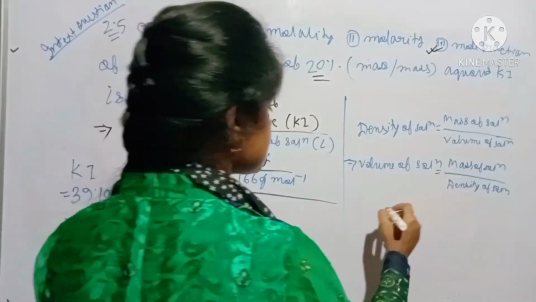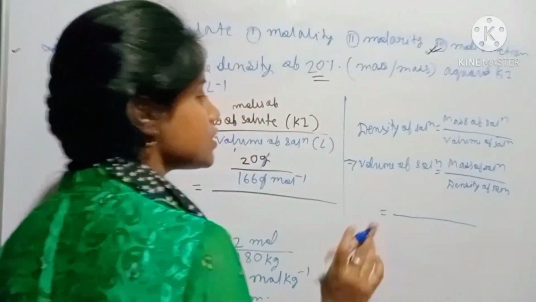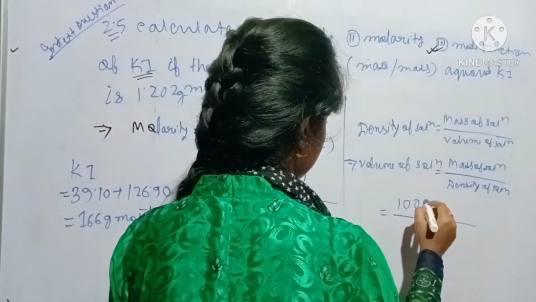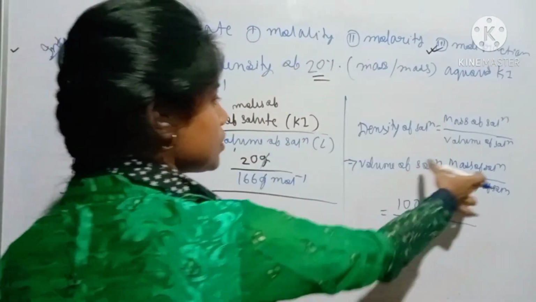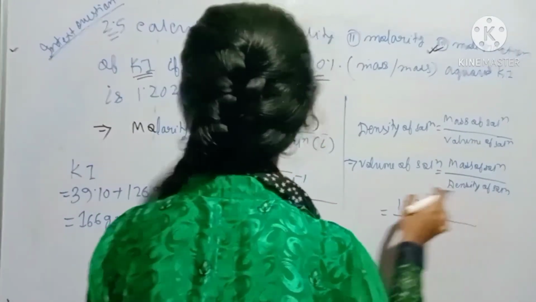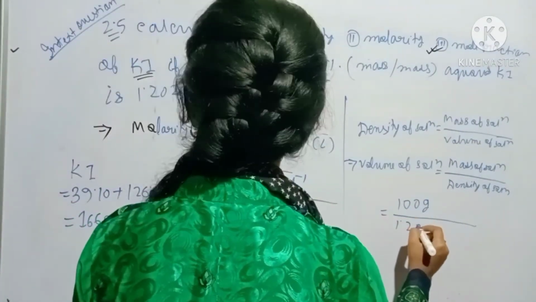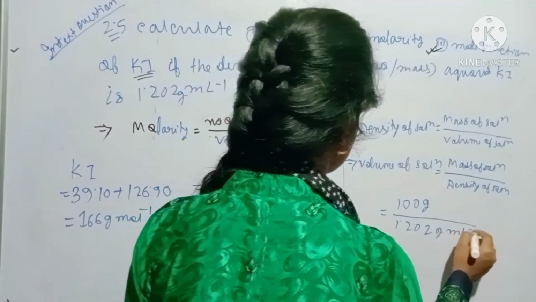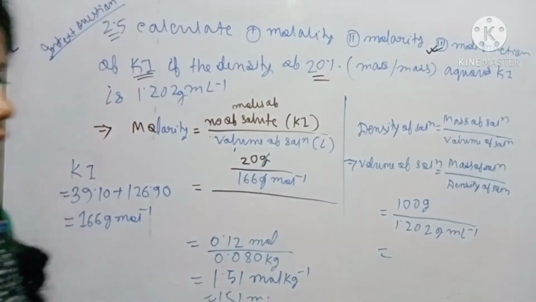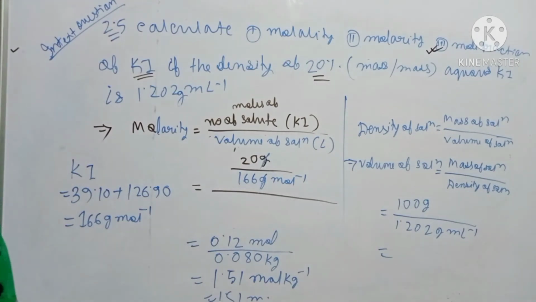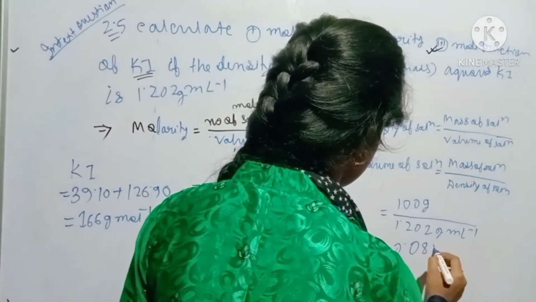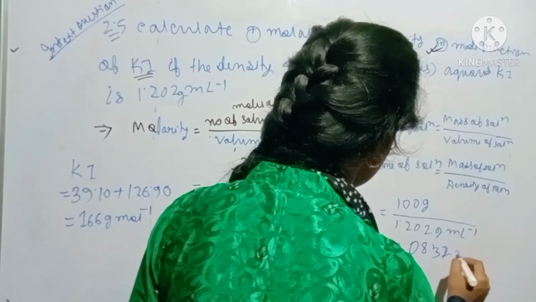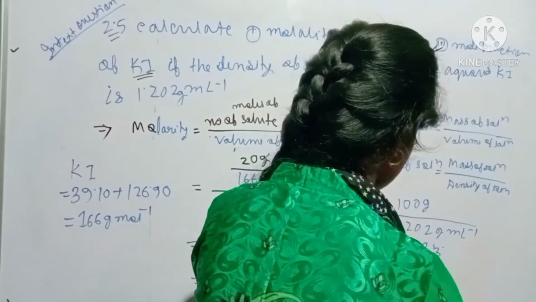Mass of solution means total mass: mass of solute plus mass of solvent, and it's around 100 gram. We know that 20 gram is solute, 80 gram is solvent, so the mass of solution is 100 gram, and the density of solution is 1.202 gram per mL. So the volume is around 0.0832 liter.